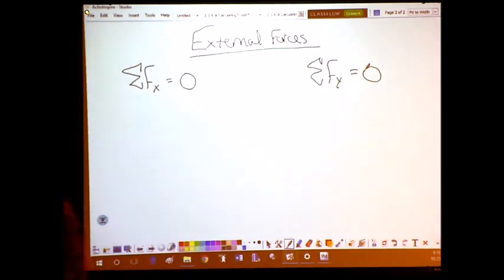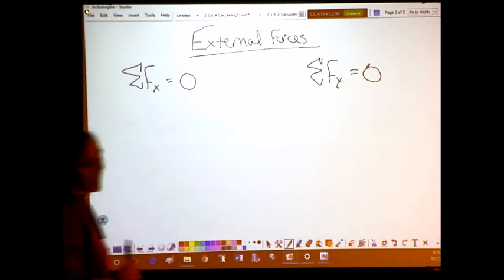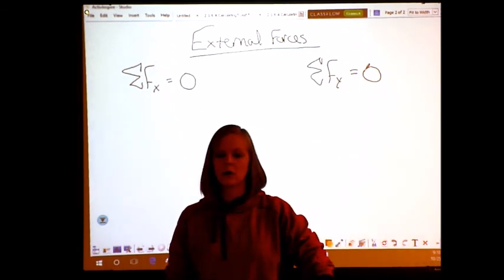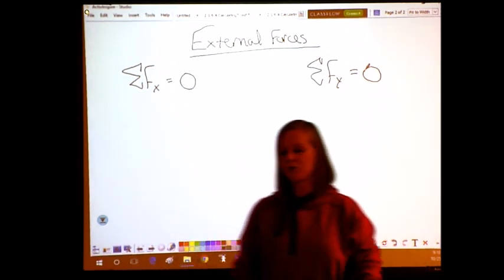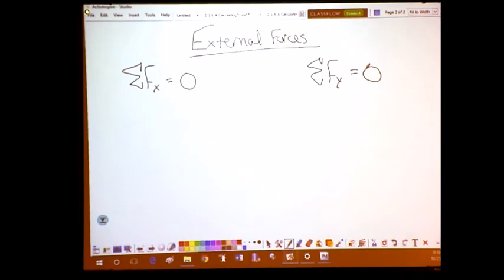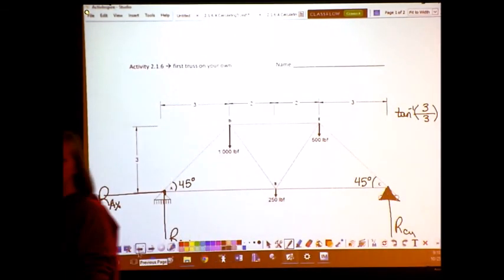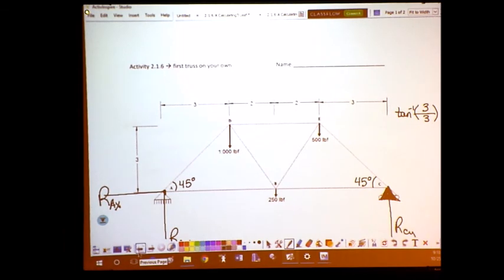Look at the outside stuff only. Outside stuff only. Are there any outside horizontal lines? From the previous page, are there any outside horizontal lines? RAX. That is the only outside horizontal line I see.